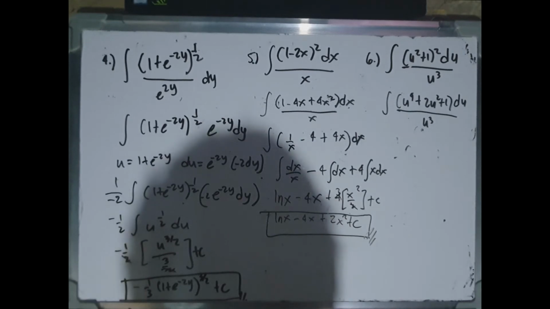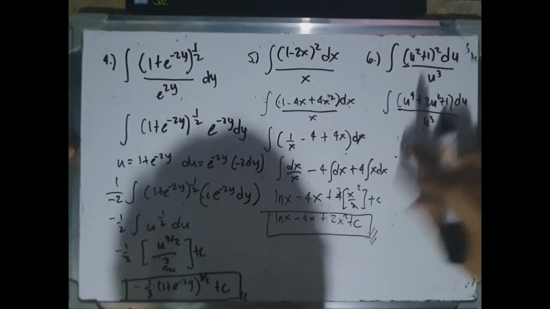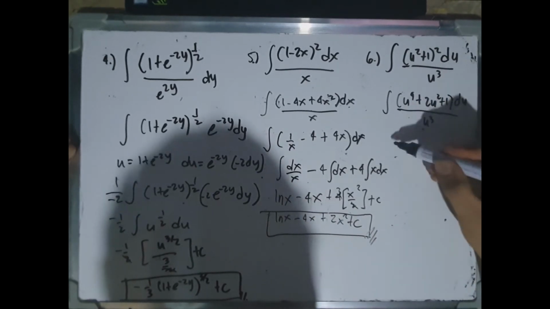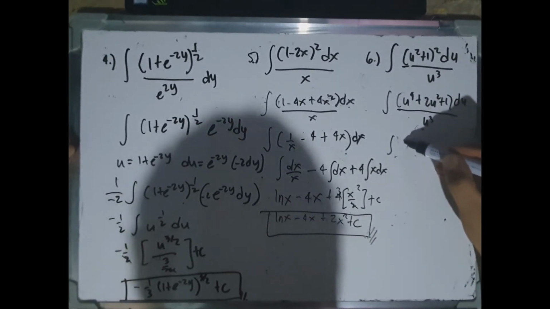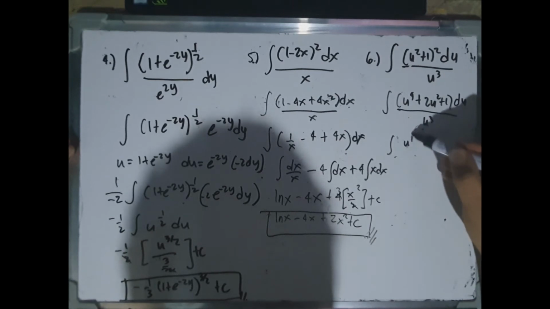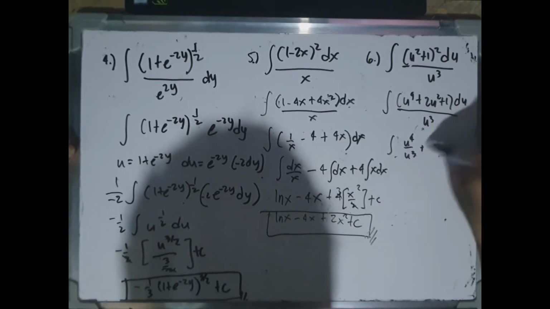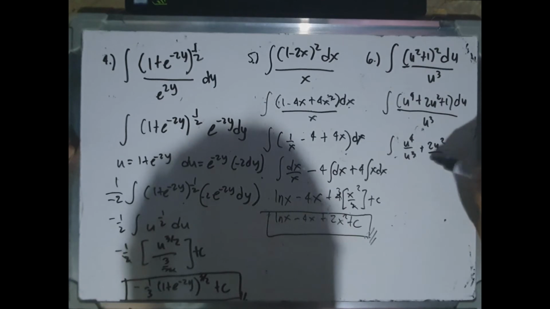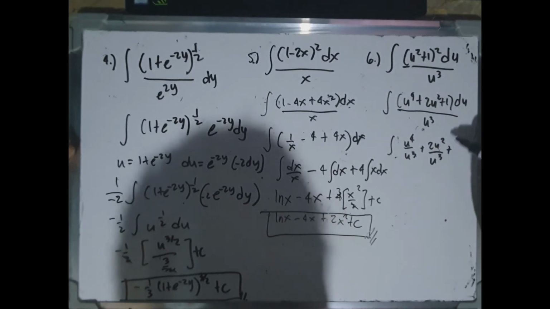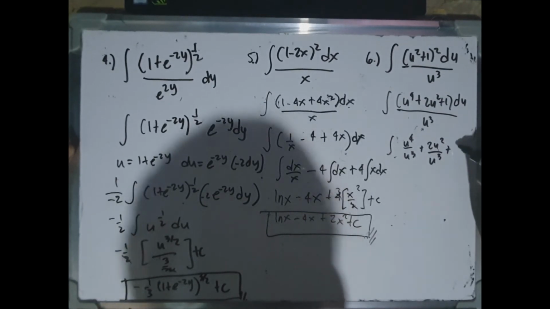Okay, the next thing is that we will try to split our denominator to all of the terms in our numerator. So we now have u to the fourth over u cubed plus 2u squared over u cubed plus 1 over u cubed.